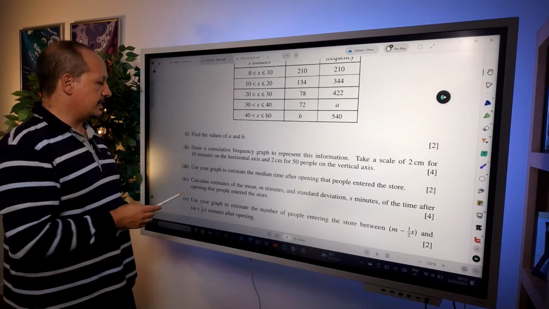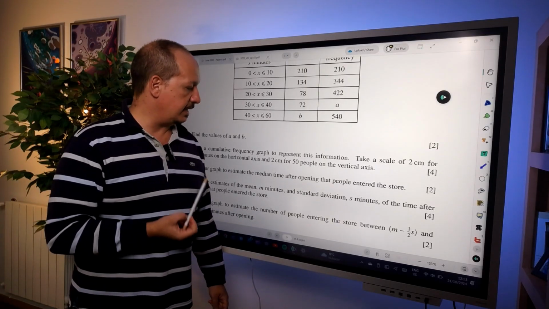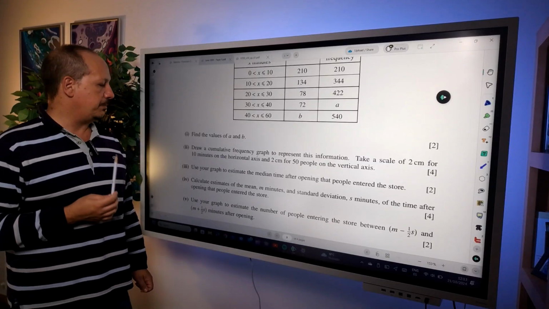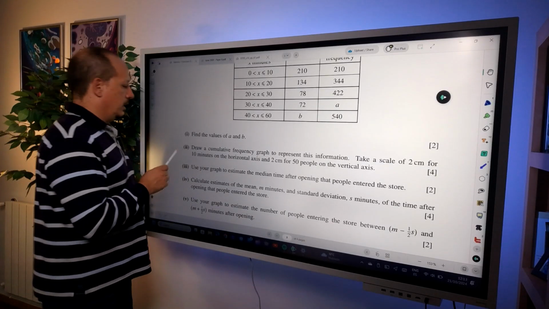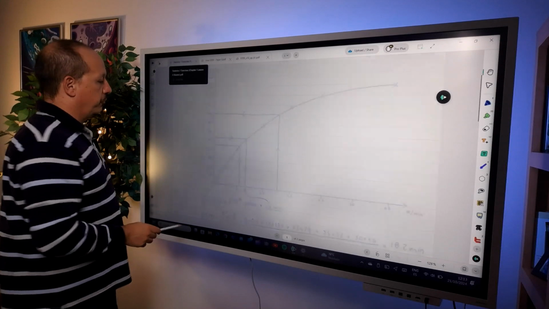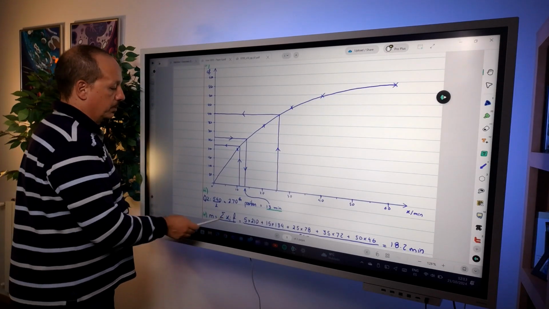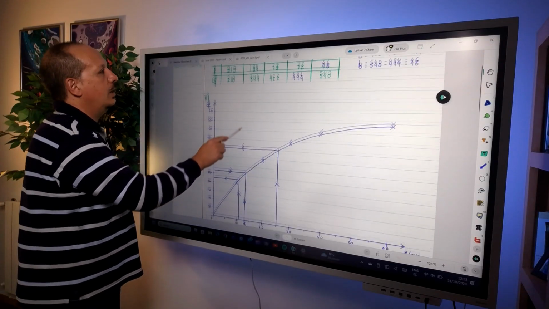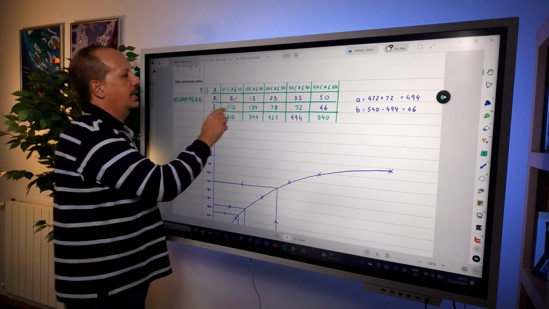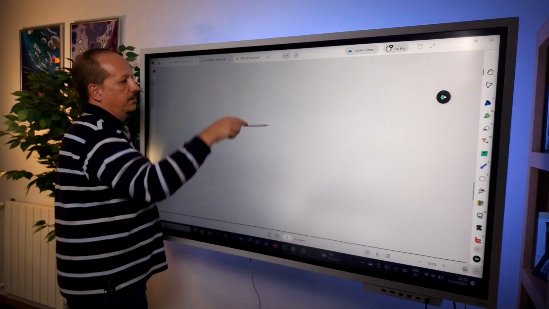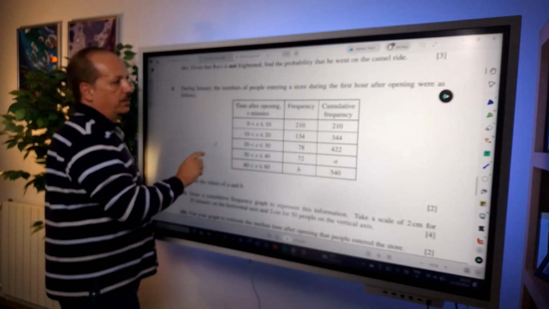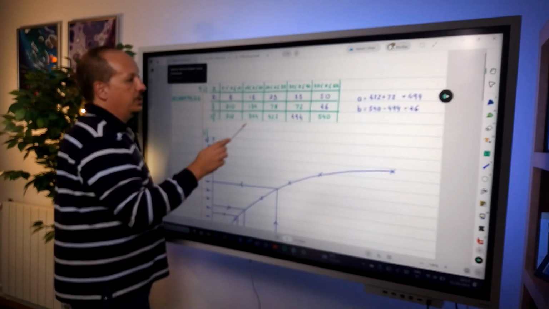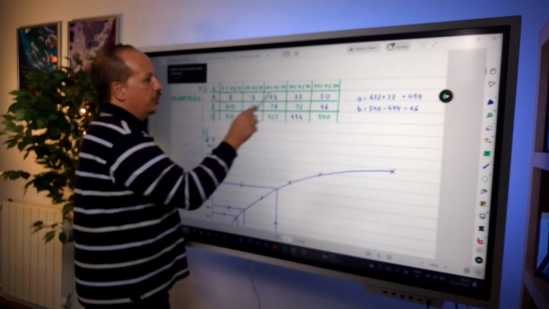Then calculate estimates of the mean m minutes and the standard deviation s minutes of the time after opening that people enter the store. In order for you to get this, you have to apply the formula. And to apply the formula, you need to get values of x. If you notice a little while ago, I added a line that you didn't have on the original paper. You didn't have, in this case, a column that I did over here. That will allow you to calculate the mean.